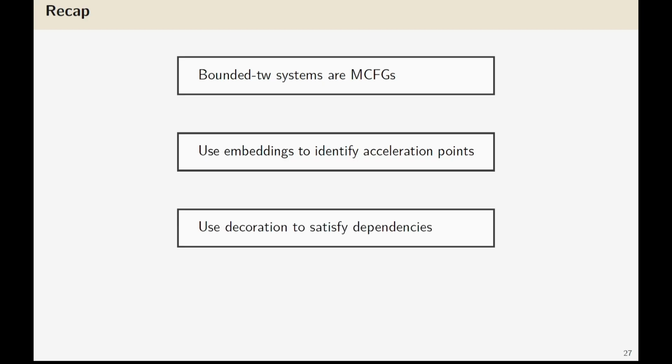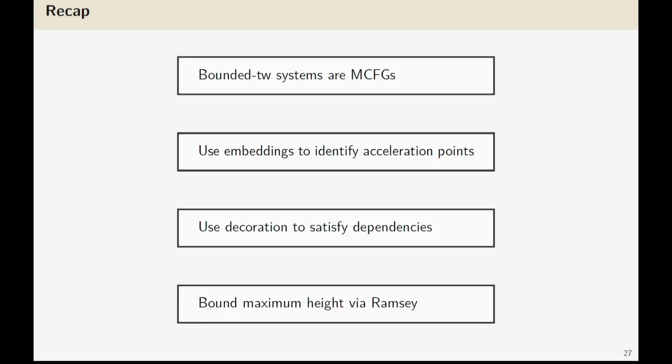We can use decorations to ensure that the non-accelerated components have all of the dependencies satisfied. And we can bound the maximum height of these derivation trees via Ramsey's theorem. Yeah, and this is the end of my presentation. Thanks for listening. If you have any questions, I'm happy to take them now.